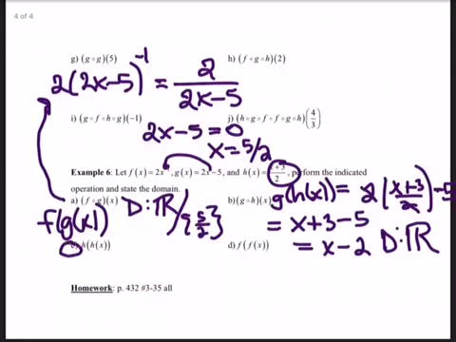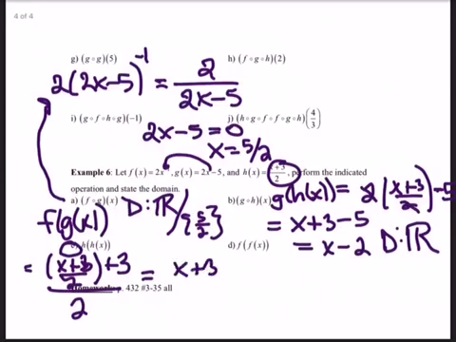Okay, so we'll set it up together, and then I want you to do the domain. So that means I'm going to put h back into itself. So that's going to give me x plus 3 over 2 plus 3, all over 2, which looks a little scary, but if I find a common denominator for the top part, that's a 2, so it's going to be x plus 3 plus 6 over 2, over 2.